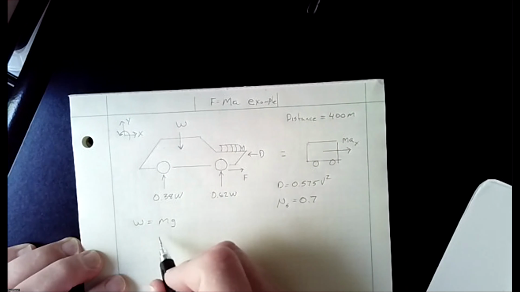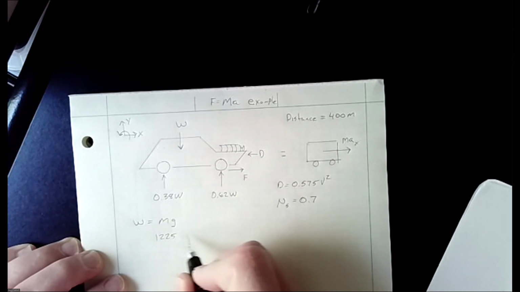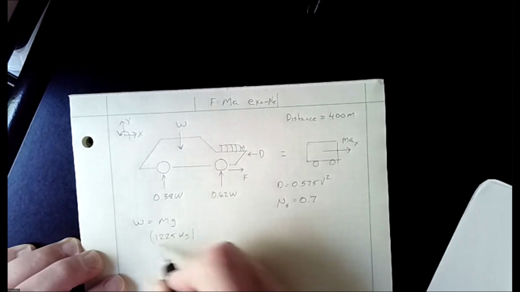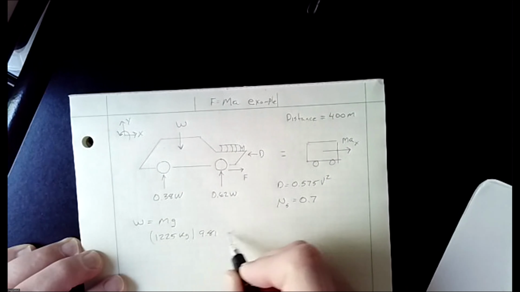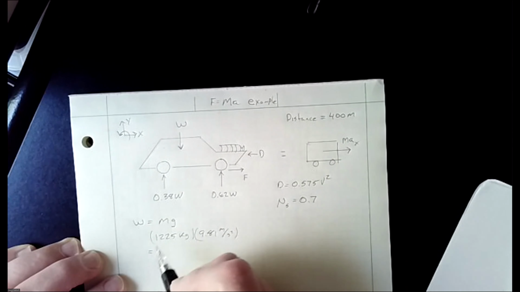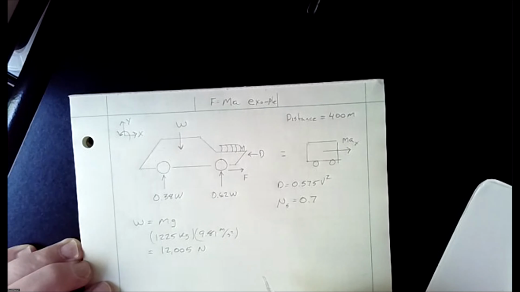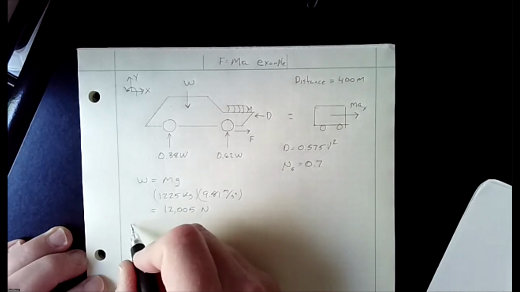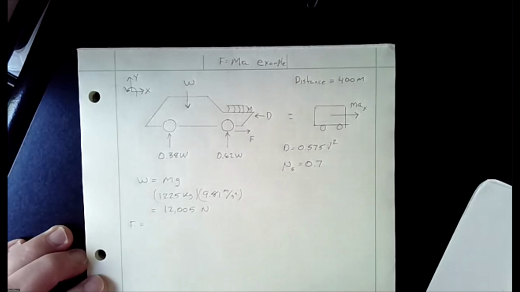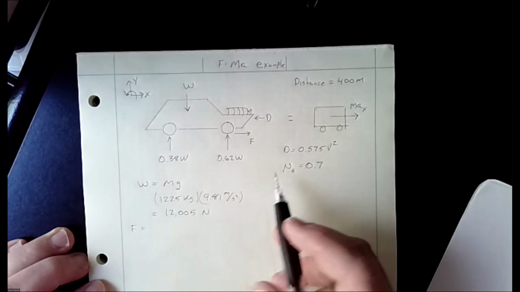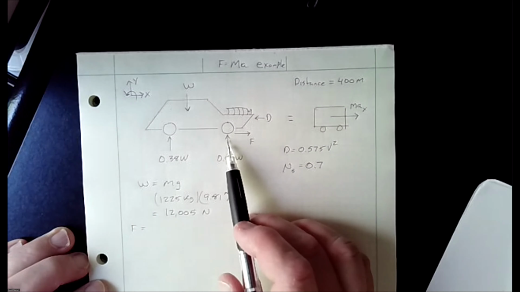So if we multiply 1,225 kilograms by 9.81 meters per second squared, we get 12,005 newtons.